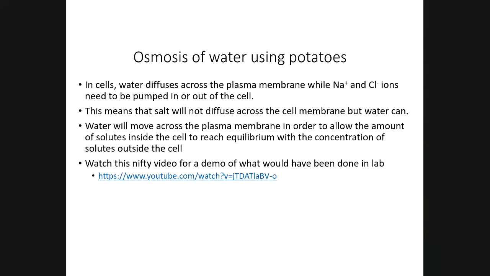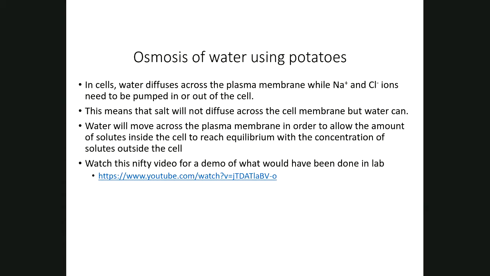There's a second experiment where you would have been able to observe osmosis. This second experiment would have taken a bit longer, though. In this experiment, you would have taken a potato, cut out some strips from it, and exposed one of those strips to tap water, and another one of those strips to salt water using test tubes.